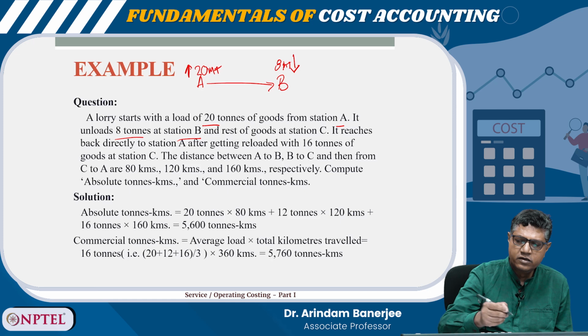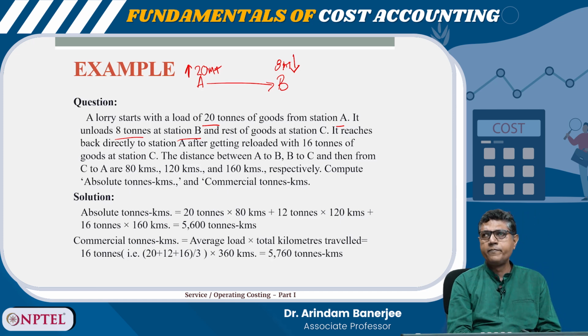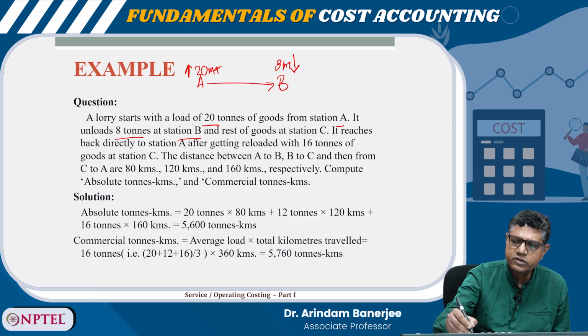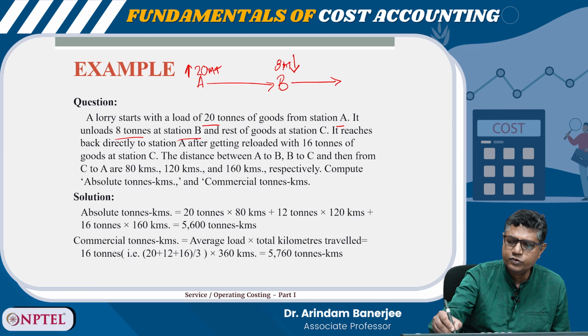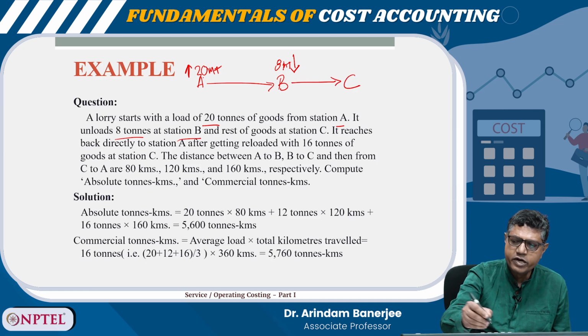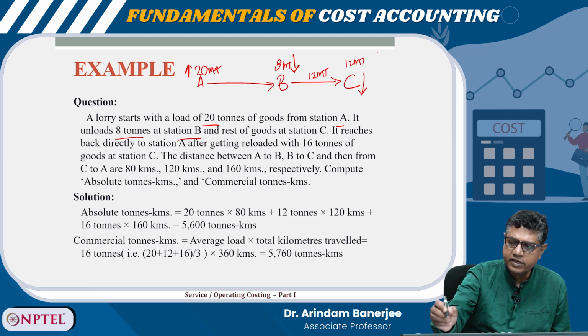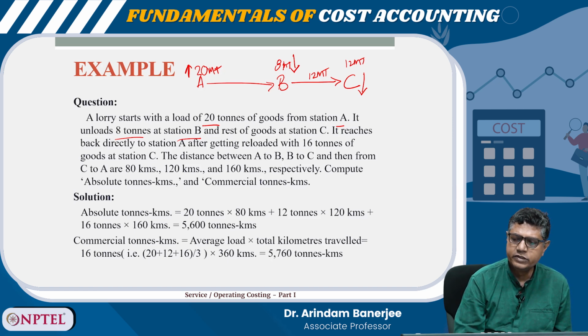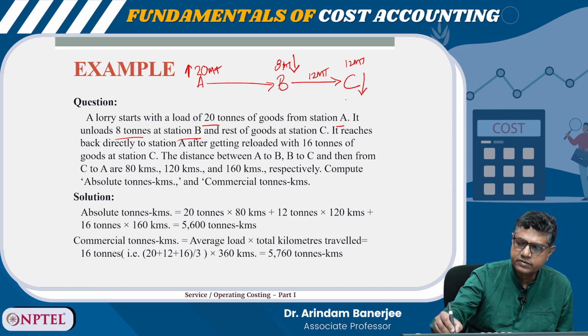Then it reaches the rest of the goods to station C. So, of course, 20 minus 8, that means it is carrying 12 here, right, and it unloads 12 here, right, and it reaches back directly to station A after getting reloaded with 16 tons.